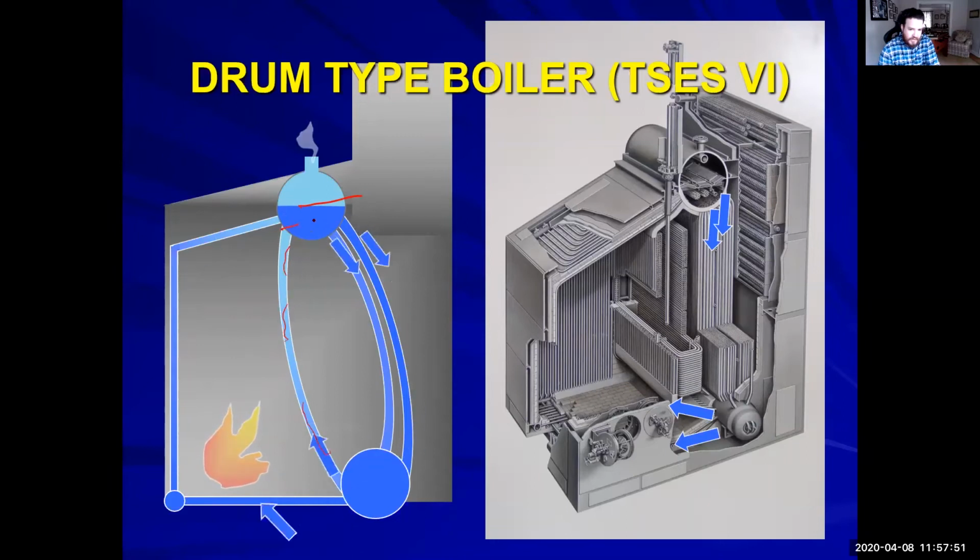Do we have check valves in all of these sections that are only allowing flow in one direction? How can we have a water level in here being held up?